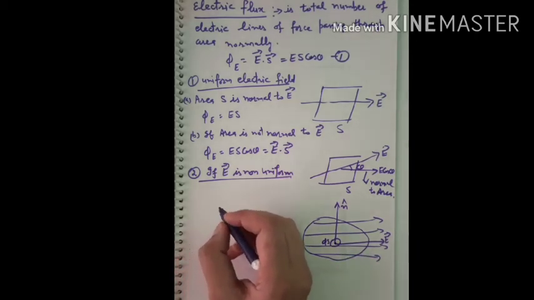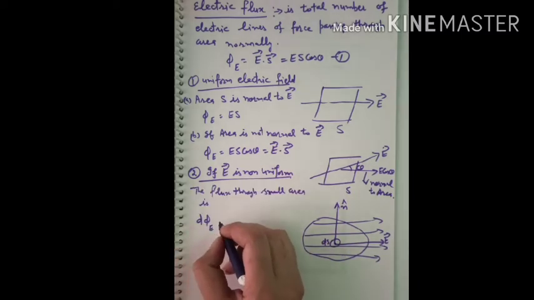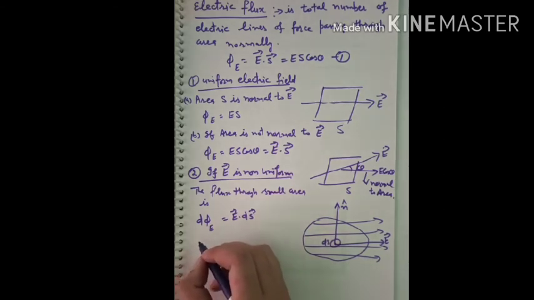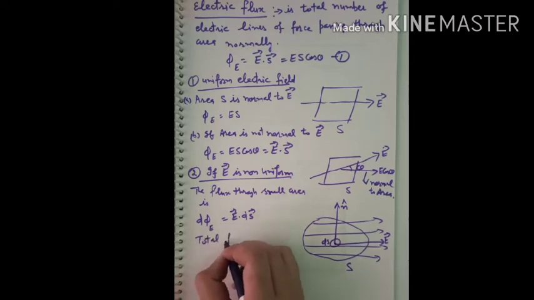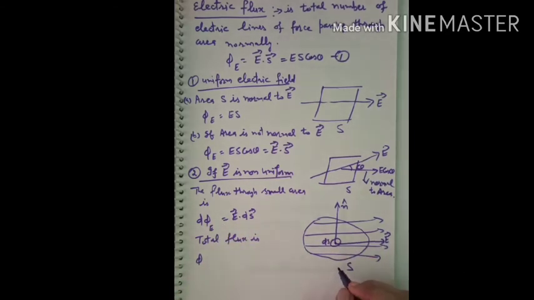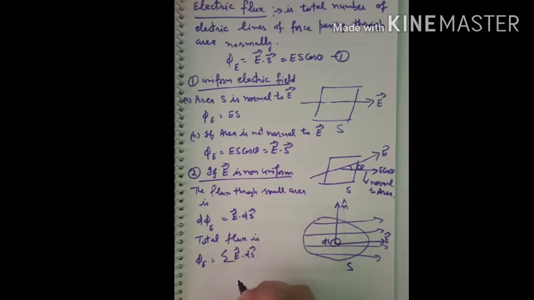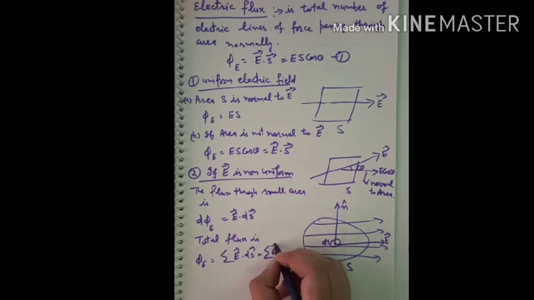So the flux through small area ds, here is small flux d phi, which is equal to E dot ds. In order to calculate total flux over the whole surface S, total flux is integration or taking summation over all the small areas. So here phi E is equal to summation of E dot ds. This is equal to summation E vector dot n cap ds. ds is the magnitude of area and n cap is its unit vector, which is normal to area.